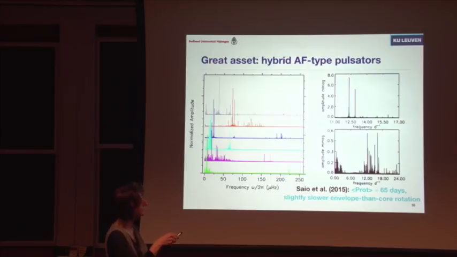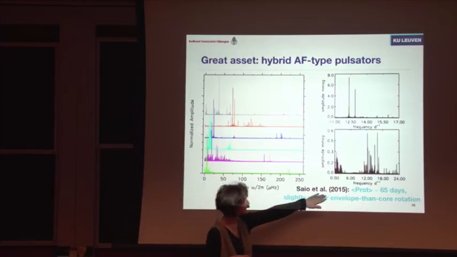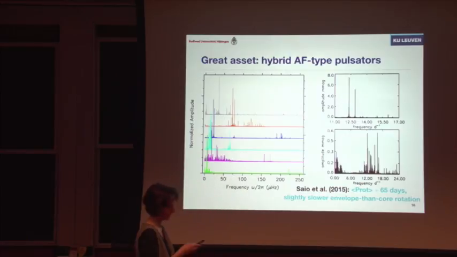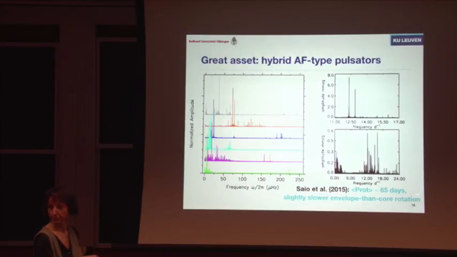And this seems like a very sparse frequency spectrum, but if you zoom in and do a detailed analysis, then you see hundreds of frequencies. And so from this, this is what we call hybrid pulsators, gravity modes and acoustic modes. And we can deduce the average rotation of this star. It's 65 days in this case, and envelope to core rotation, again, for these type of stars.